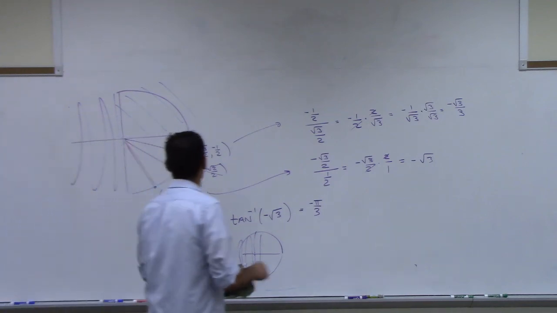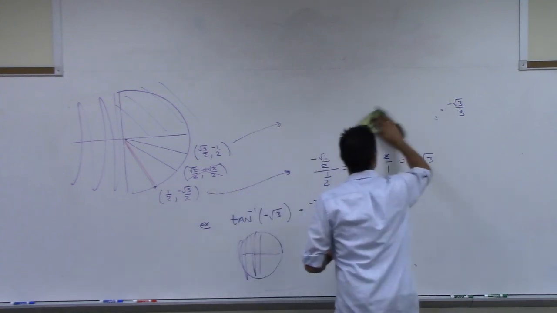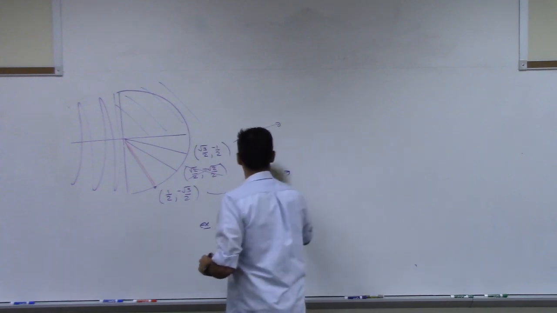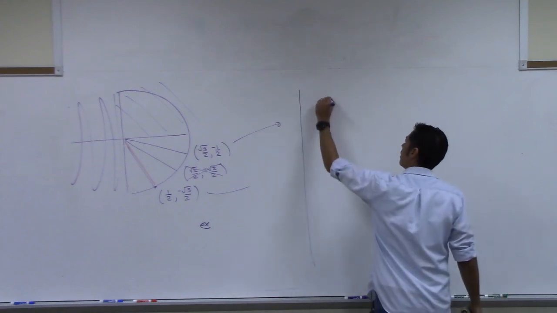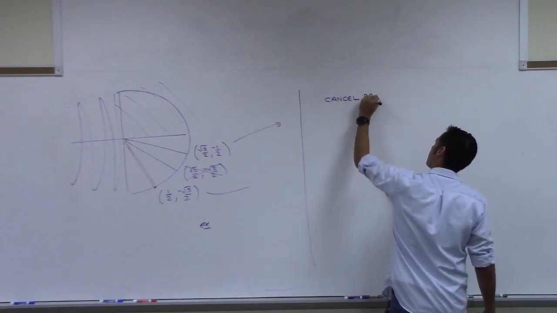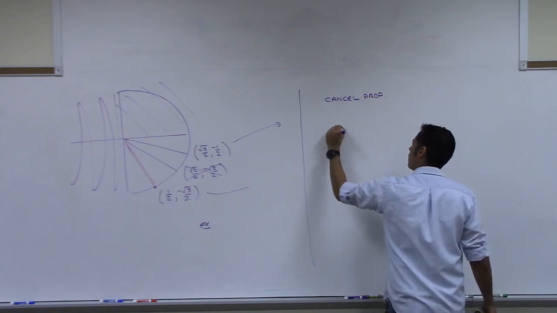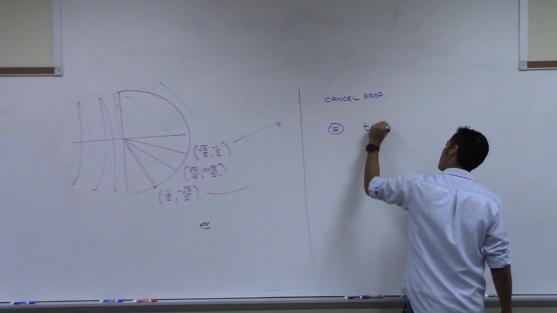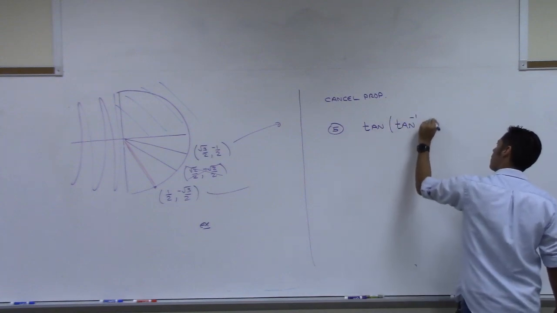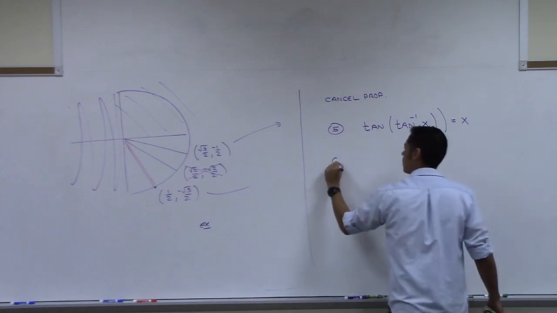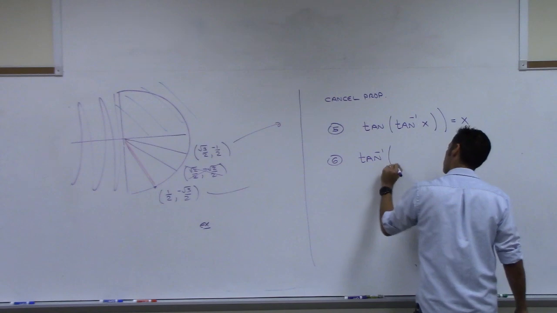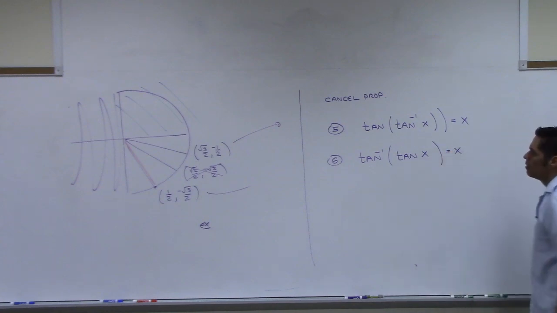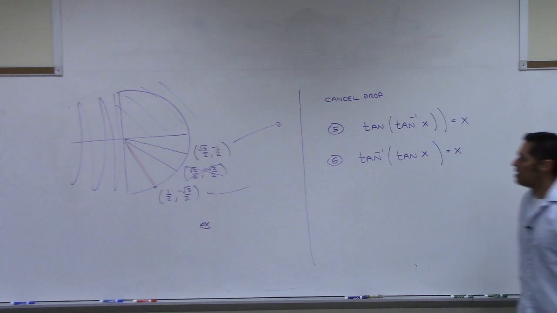I have like 2 minutes. Okay, so I have 2 more cancellation properties for tangent.